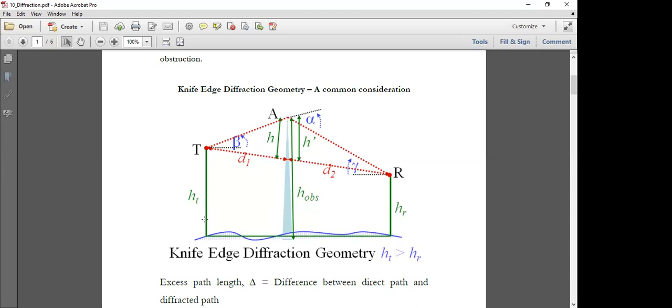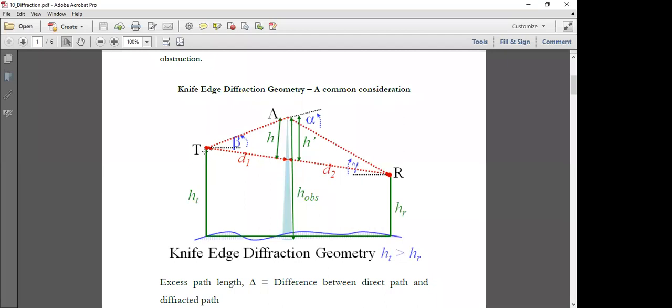Since it's a 2D diagram, it's not clear, but consider, say, a building, where you actually have a long edge vertical to this 2D plane.